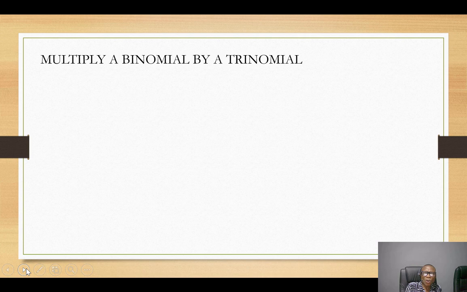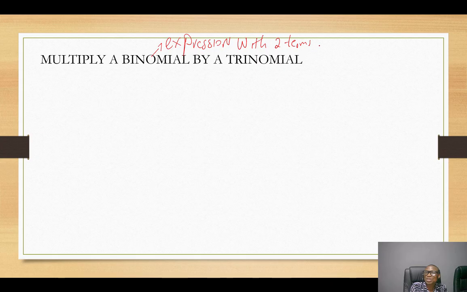So let us look. What is a binomial? A binomial, we are talking about the expression with two terms. Once you have a mathematical expression with two terms, we can consider that as a binomial. Let me give an example of a binomial.